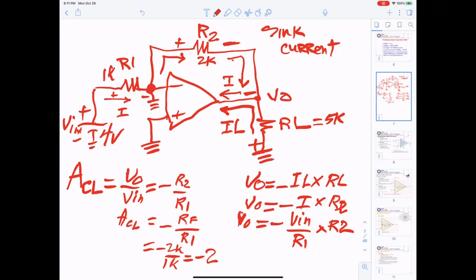I'm trying to explain here so you understand everything regarding the inverting amplifier. I think what he was also thinking, Mr. Pham, is that R2 and RF in this case are the same thing. Exactly. Instead, they use RF, which means feedback resistor.